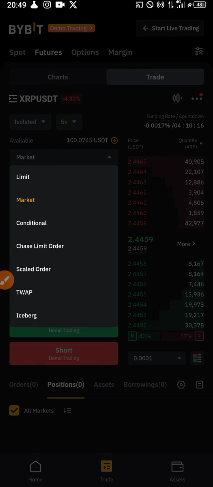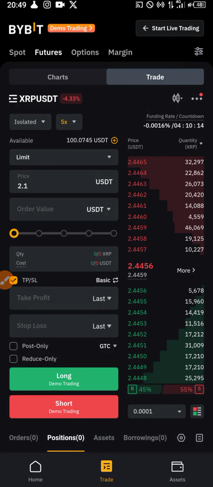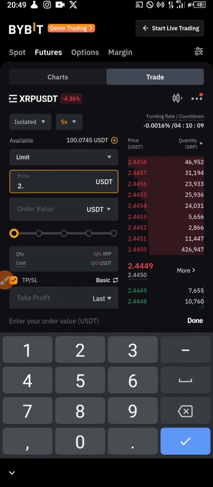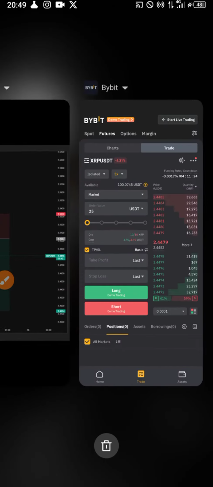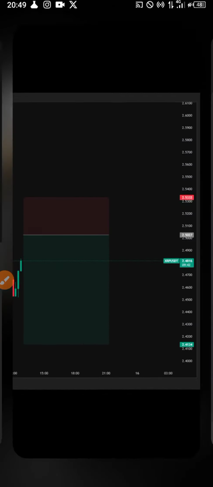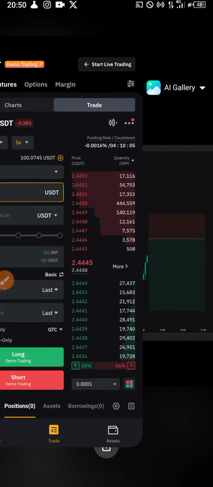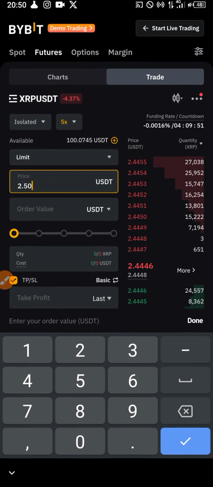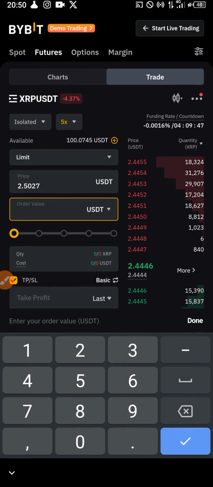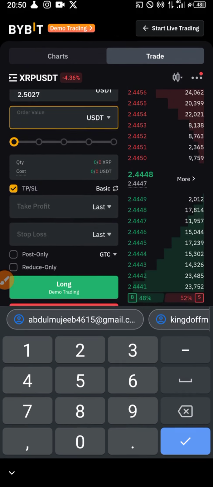Remember it is limit. And the price is 2.5027. Then the other values.